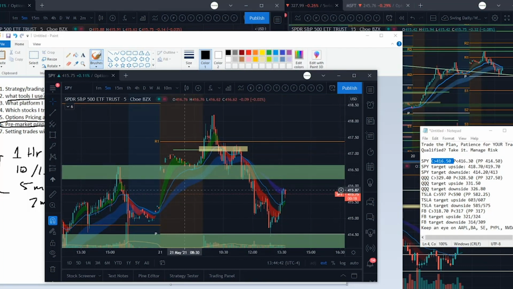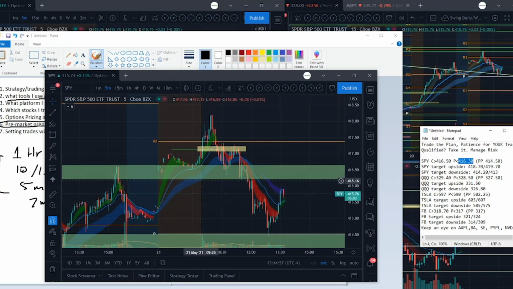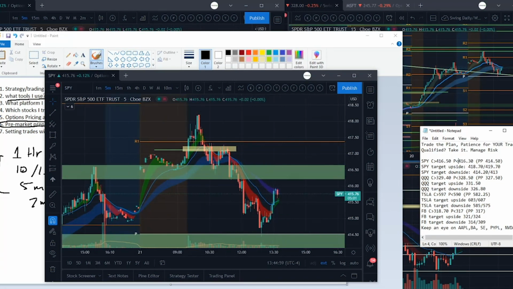Now, I said below 416.30 because that's where this structural component breaks, right? That's where we start breaking the pre-market 34 and 50 EMA, and that's where we start flipping to the downside more aggressively. Now, you can wait for this criteria to be met for the puts, or you can look for intraday potential short activity when the structure actually breaks, based on this example where this yellow box actually breaks.